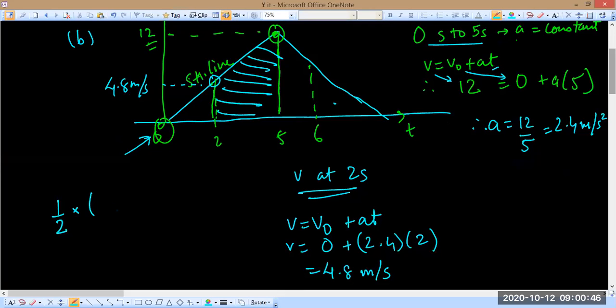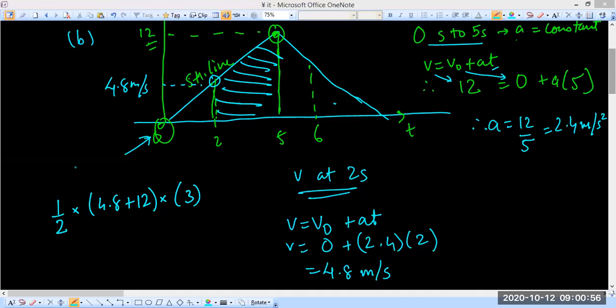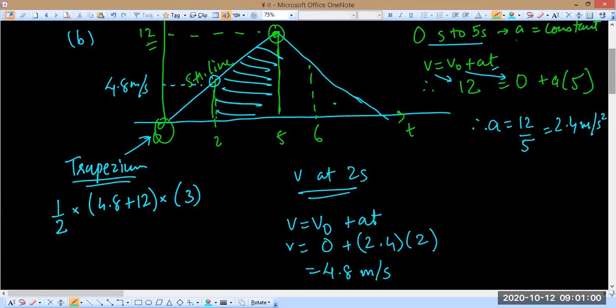So that's going to be 4.8 plus 12 into distance between them, so 3. Sorry, it's a trapezium. I was saying parallelogram. So for this trapezium you can find it, right?